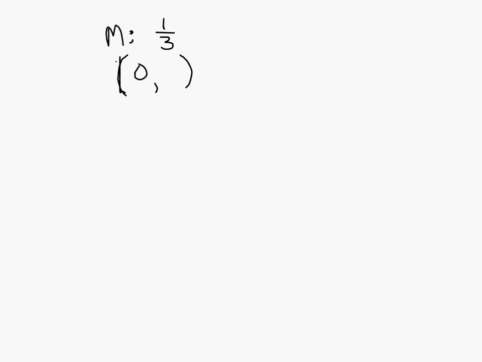So say this is 0, -2. But if you think about 0, -2, what's the y-intercept? -2, isn't it? It's just another way of giving you the y-intercept. So this equation is y equals 1/3 x, and the y-intercept is -2.